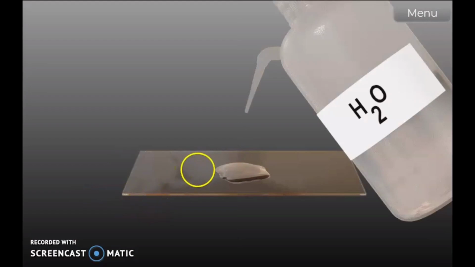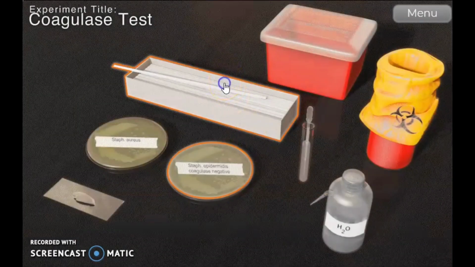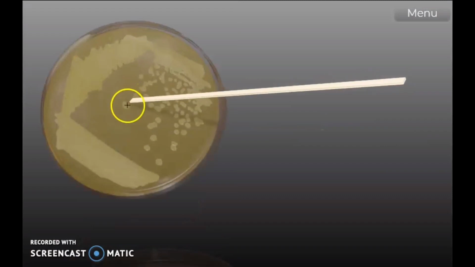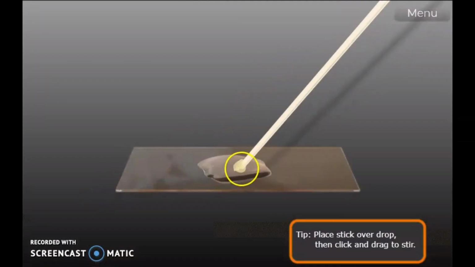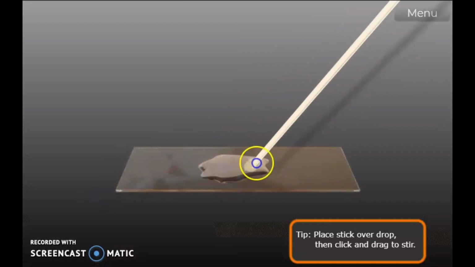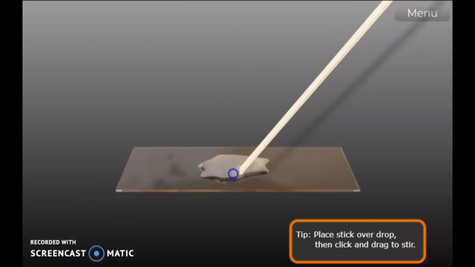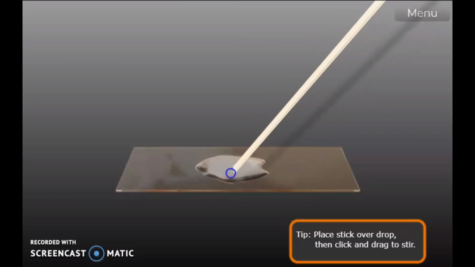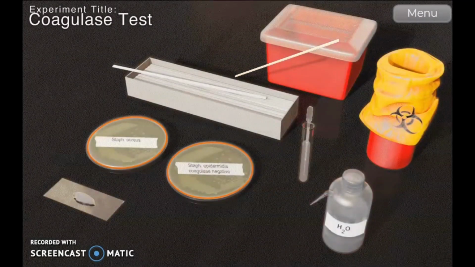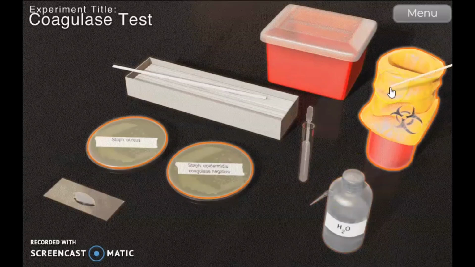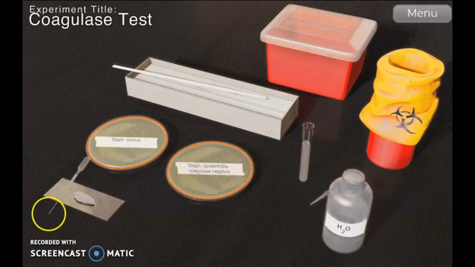Drop the water and then pick bacteria and mix. And then dispose of the toothpick. After that, add 1 to 2 drops of rabbit plasma.